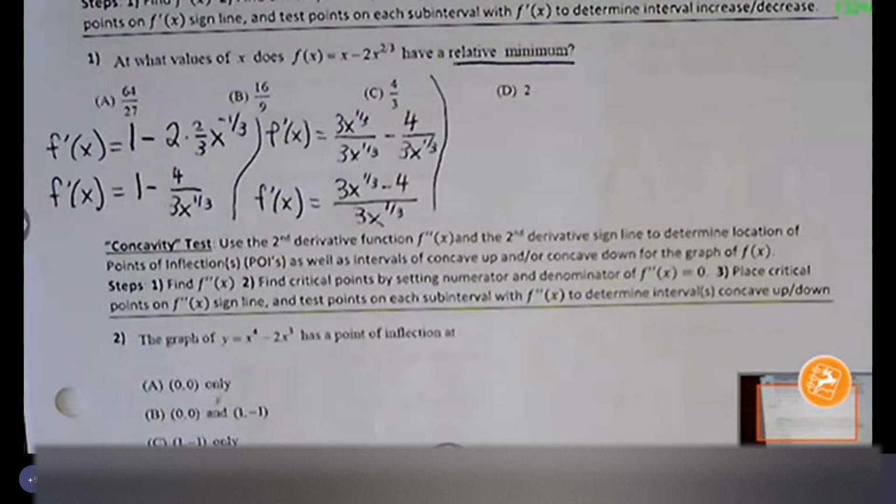So we have numerator and denominator clearly identified. We'll set both equal to 0 separately.